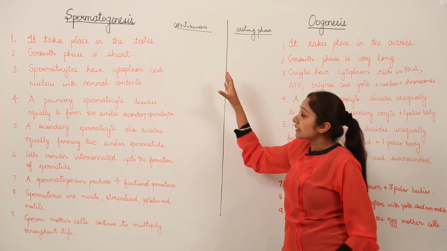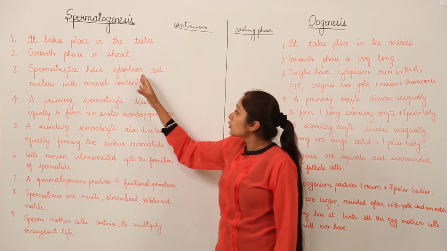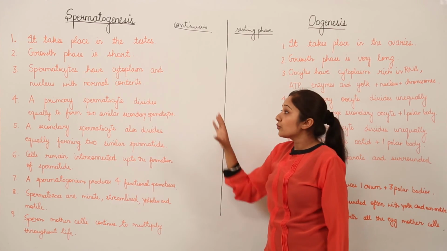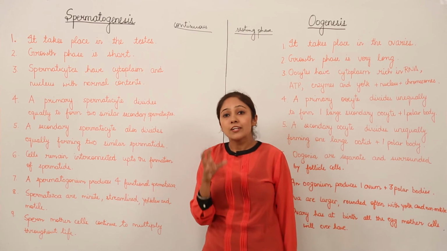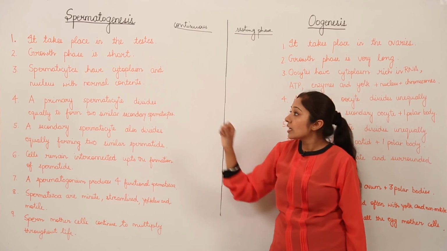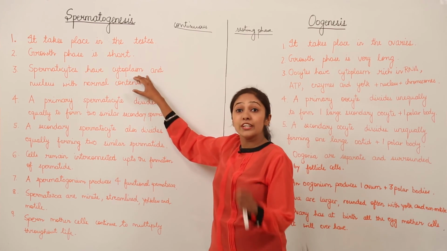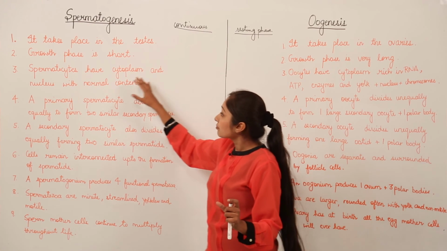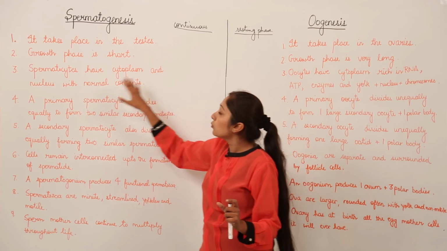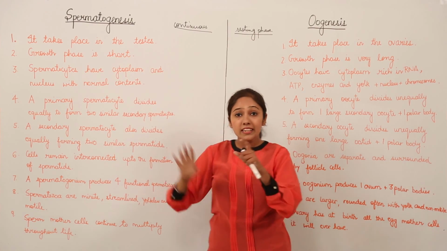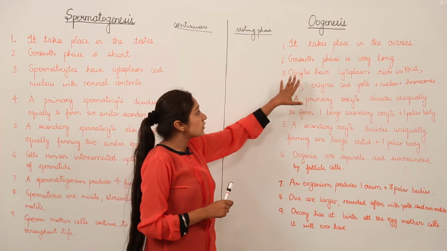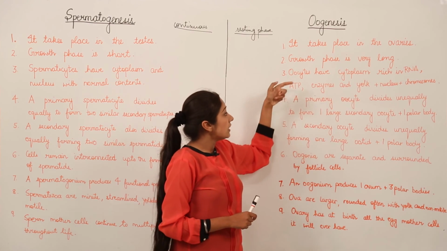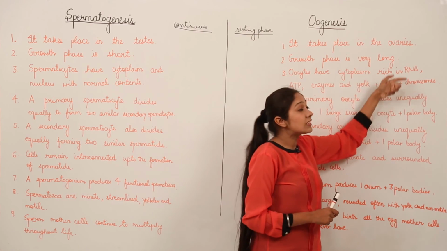In spermatogenesis, spermatocytes have cytoplasm and nucleus with normal contents. You all know that during the formation of sperm, the cytoplasm condenses out and its volume reduces. So that is why they have cytoplasm and nucleus with normal contents. But in case of ova or egg, these oocytes have cytoplasm rich in RNA, ATP, enzymes and yolk, nucleus, chromosomes.